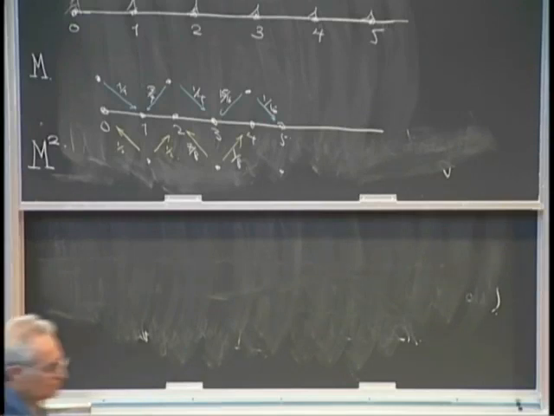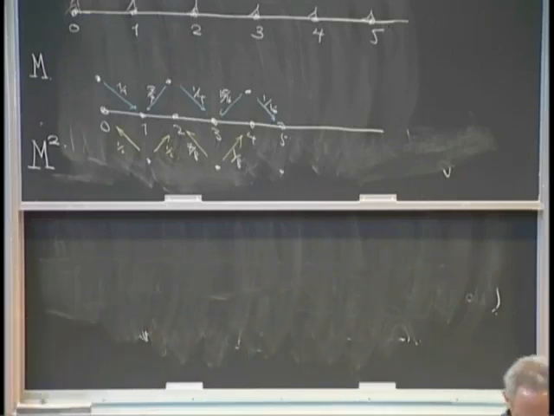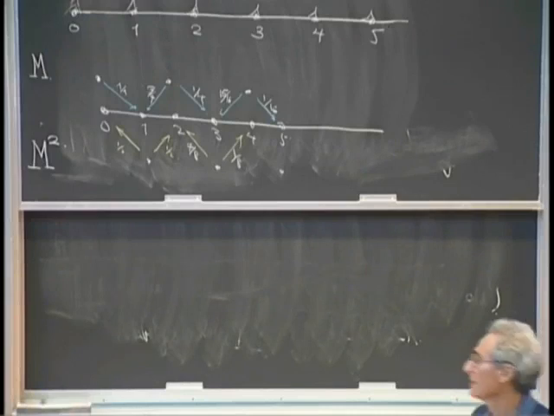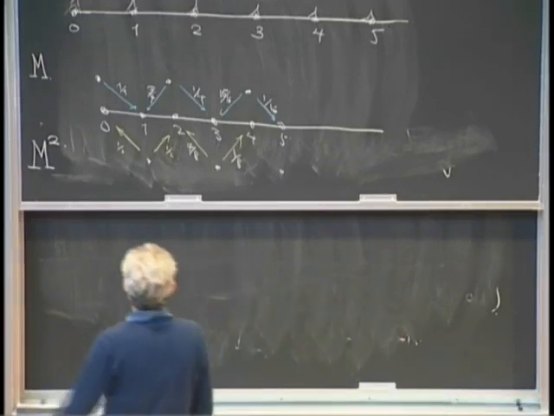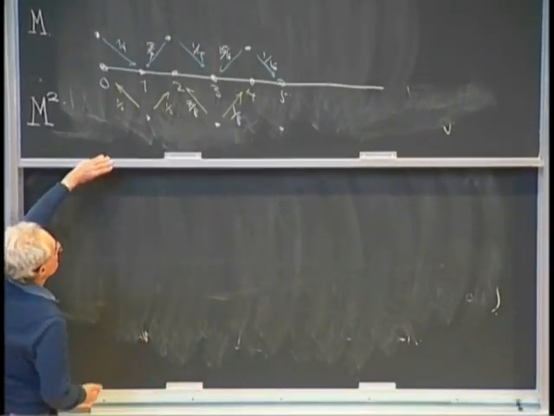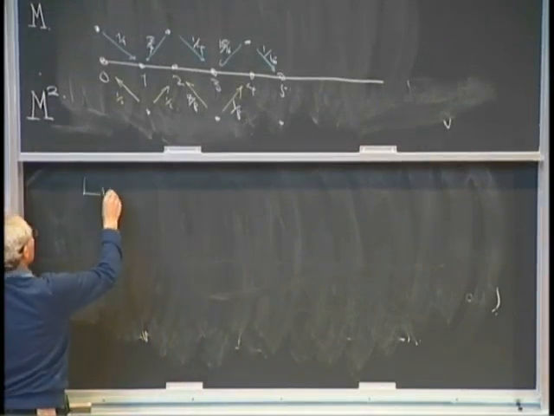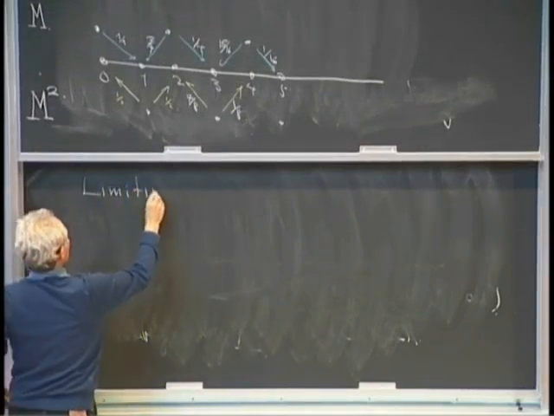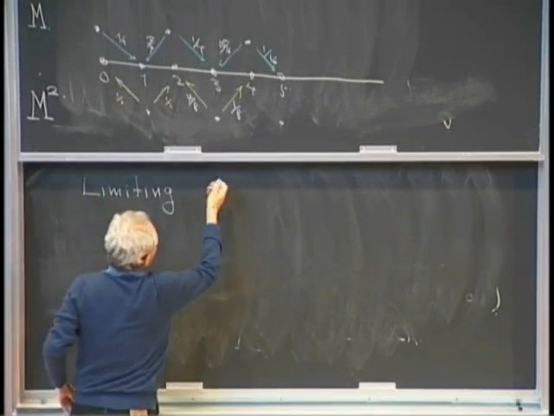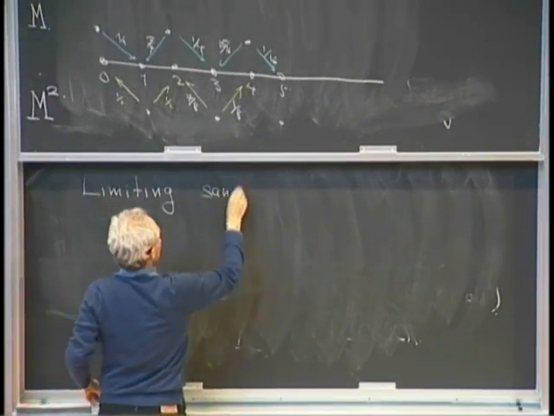So how do you deal with this? Well, of course, the natural thing to do is to pass to a limit. I want a limit, the limiting sand distribution, so to speak. But you have to be careful about what you mean by the limiting. I'll still call it sand, why not? Distribution.